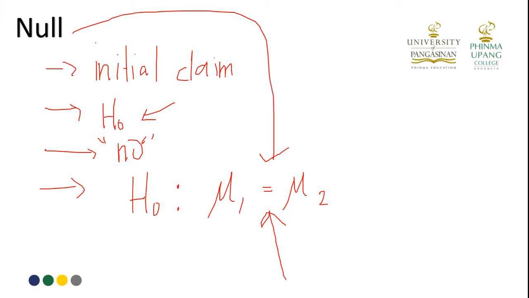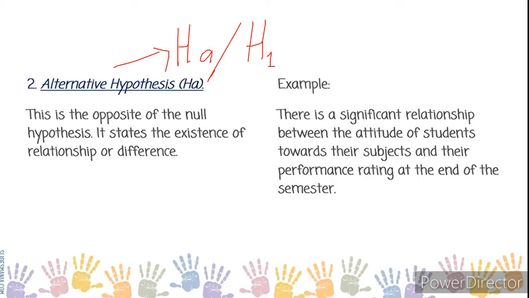Kung kanina, the keyword here is no difference, no significant difference, no changes, nothing happened, no relationship between parameters. Baliktarin niyo lang, kasi sabi niyo nga opposite. Ito yung nagko-contradict sa first natin na type of hypothesis. So, ibig sabihin, kapag no changes doon, dito may changes, meron tayong significant difference, meron tayong relationship between the two parameters.